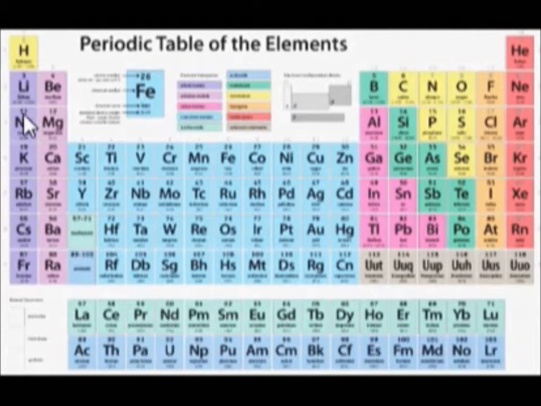They're the most active elements in the whole periodic table. And here are the alkaline earth metals, with beryllium and magnesium. And here are the transition metals with iron, mercury, gold, and all that neat stuff.